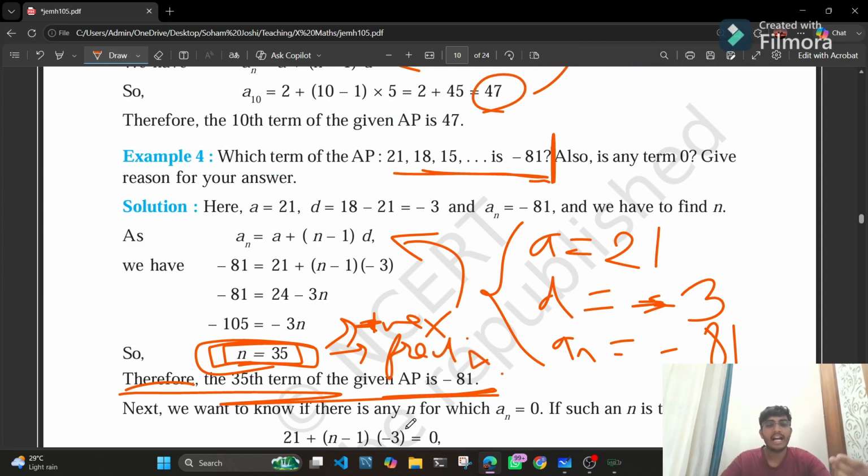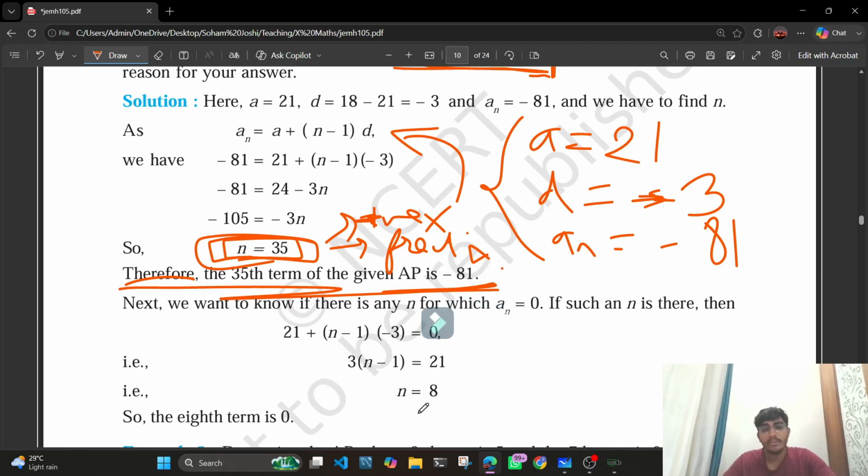If I say the first term, second term, third term, n is used in the form of whole numbers only. I cannot say this is the 1.5th term of the series. It makes no sense. So n should be positive and n should be a whole number.